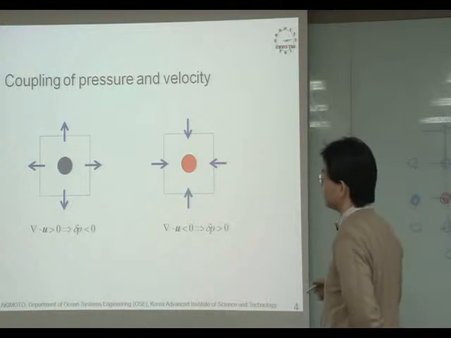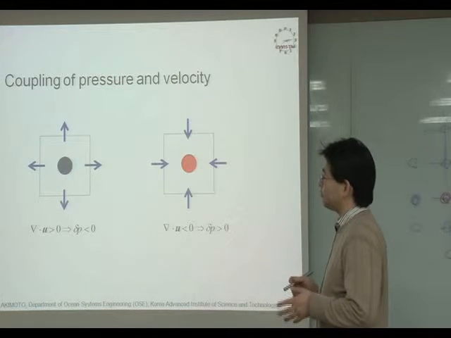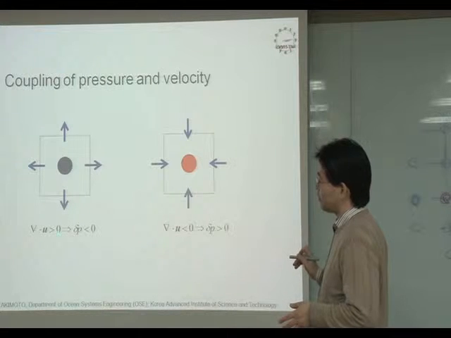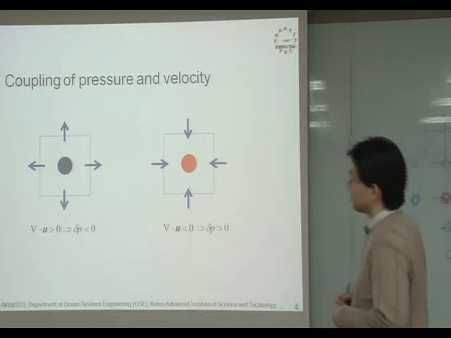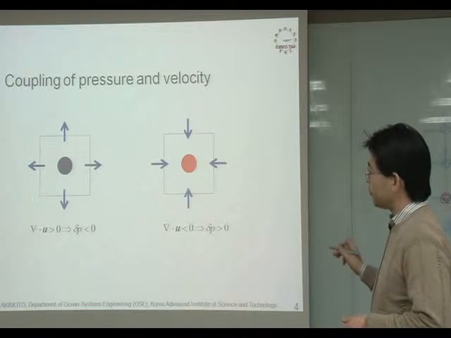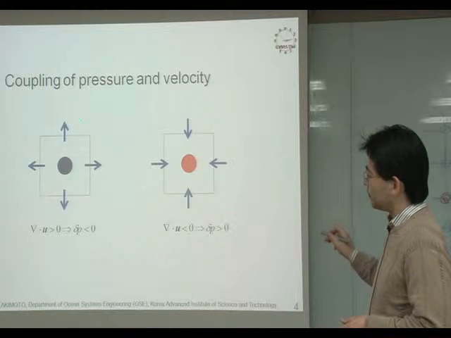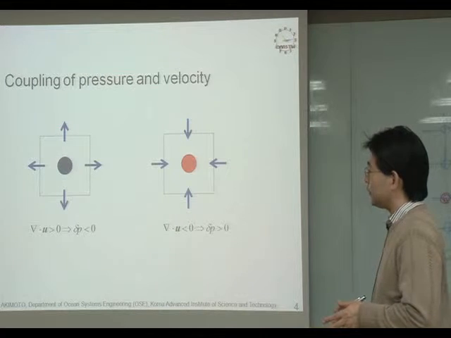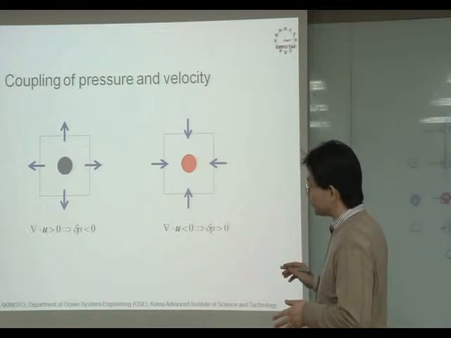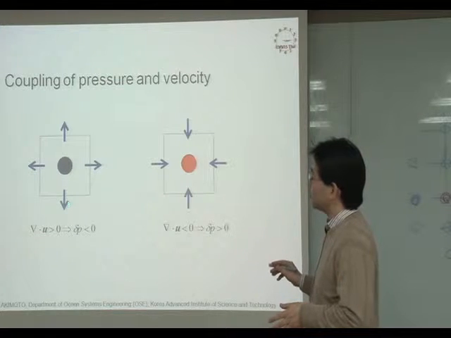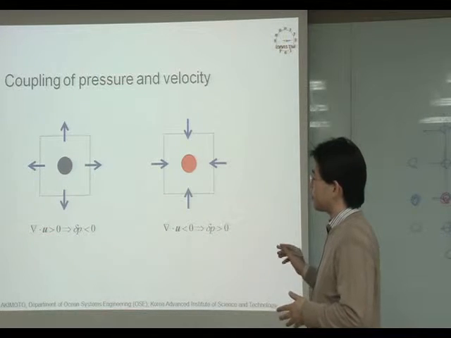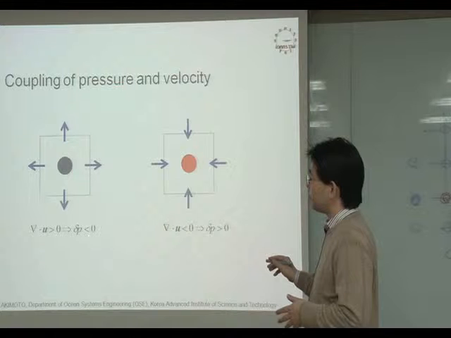But if the total budget of the mass is positive, you can say divergence of this control volume is positive. And in this discussion, if divergence of this control volume is positive, it does not satisfy the incompressible condition. So the required change of pressure is delta P.